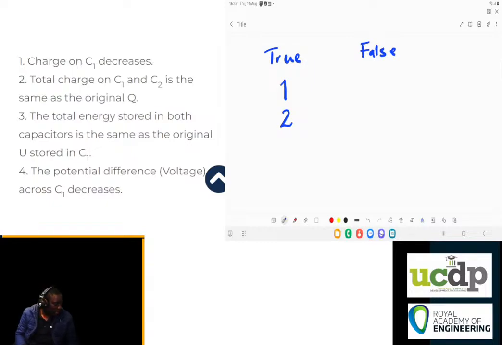Any other true statement? Four is definitely false. The potential difference across C1 cannot decrease.